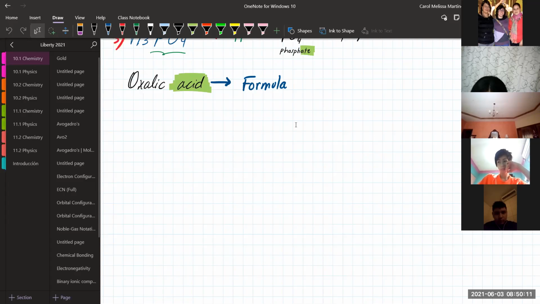So whenever I see the word acid, I replace it by the ion H+, because all acids have hydrogen. Now, I focus on this word, oxalic. I'm going to work with this apart.